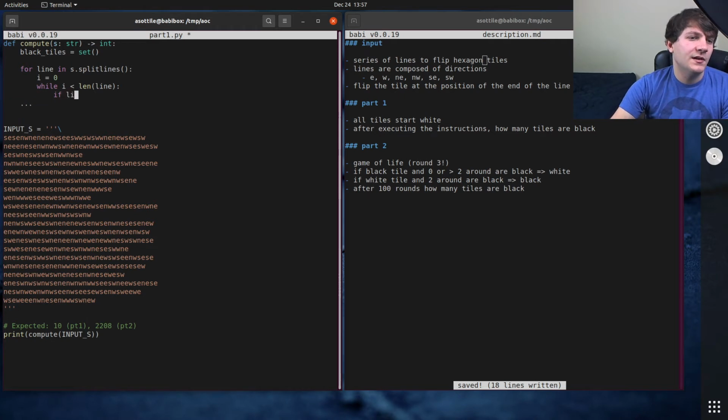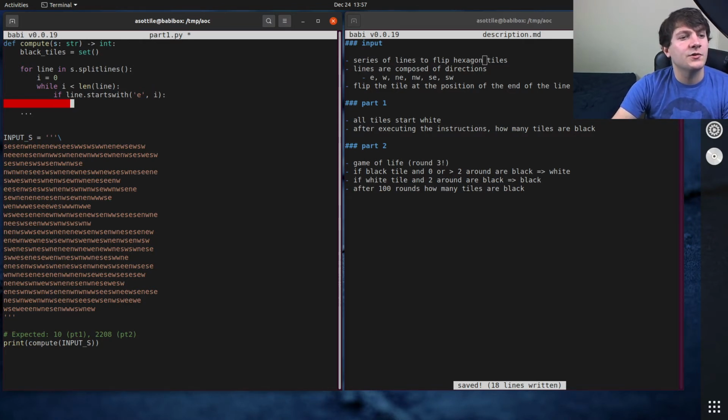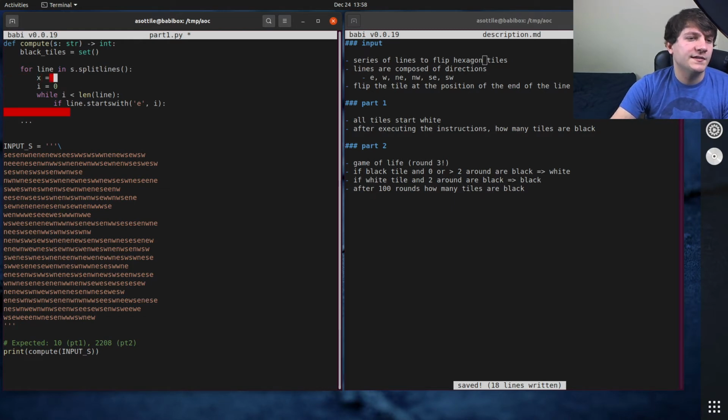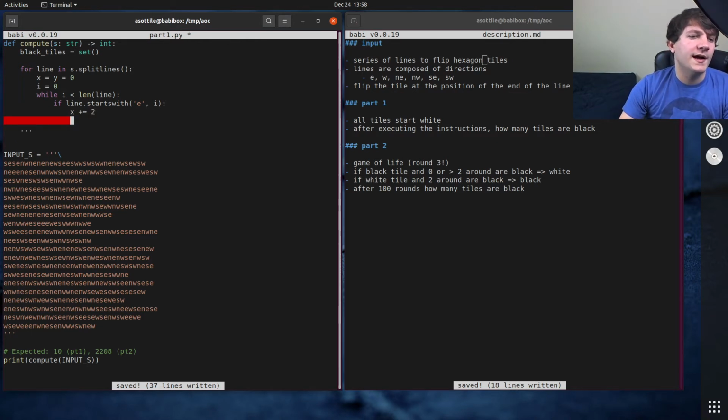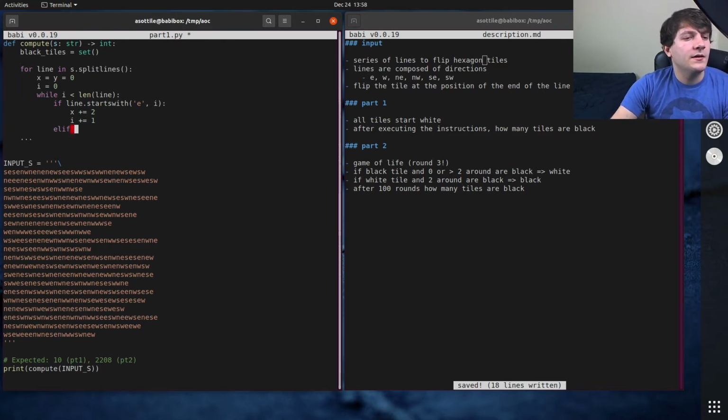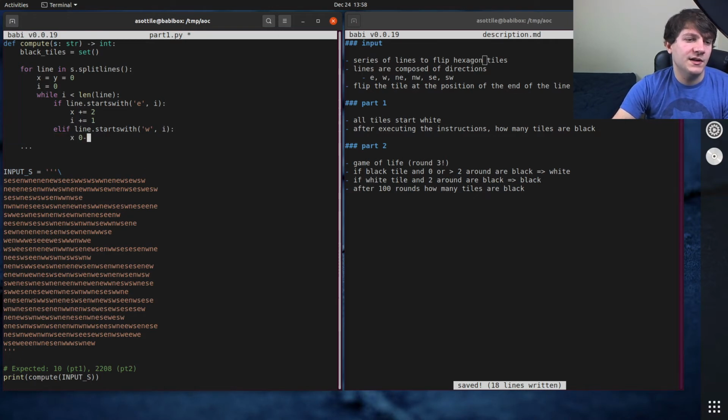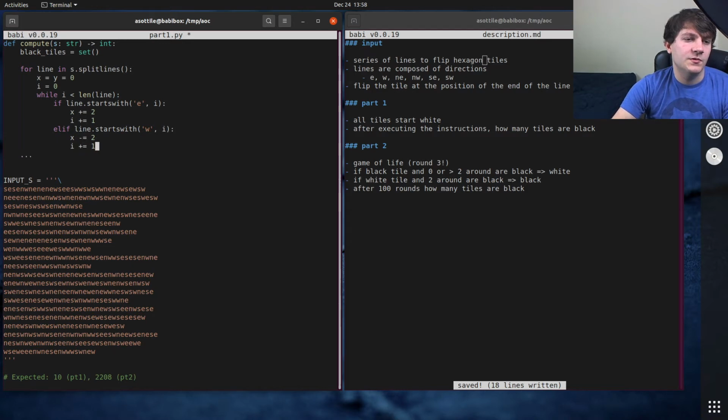So if line.startswith east at position i, then we know we're doing east, and we need x equals y equals 0 for our position. If we're moving east, we can do x plus equals 2, and since east has a length of 1, we need to increase i by 1. Elif line starts with west, then x minus equals 2, and i plus equals 1.